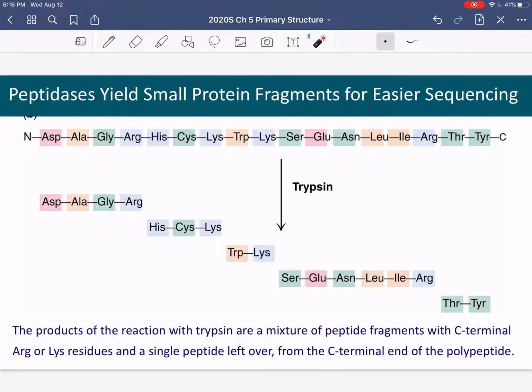So if you had a polypeptide, here's a short one, that is color-coded so that the basic amino acids are in blue. Wherever you have a basic amino acid, arginine or lysine, trypsin will catalyze the cleavage after that.